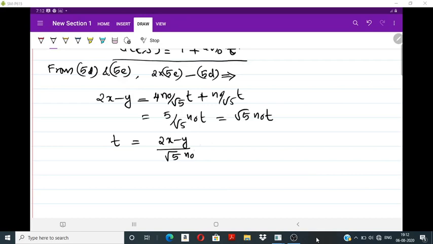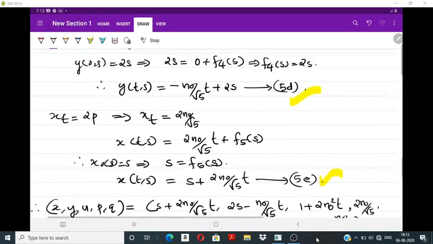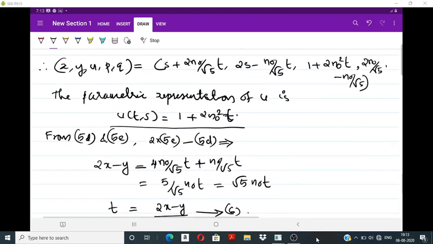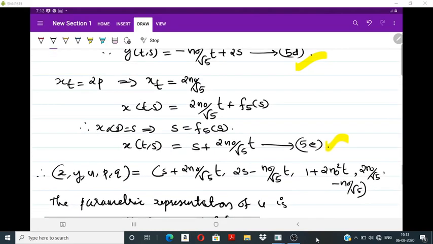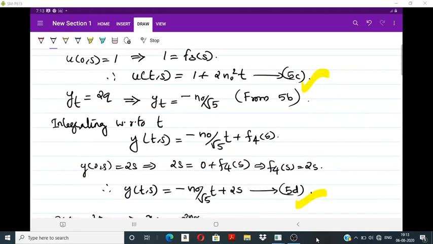Let this be equation number 6. Now substitute 6 in which one? Where is u? This was our u equation, and the number was equation 5c.